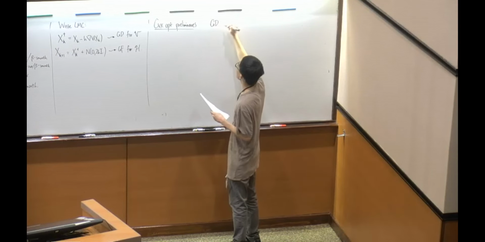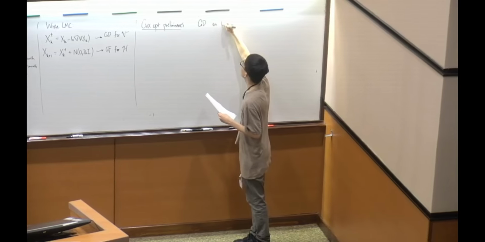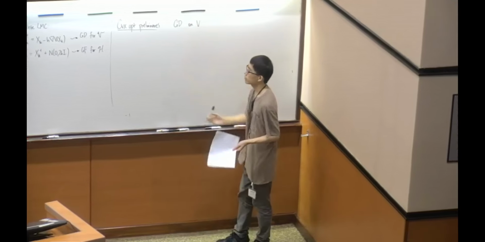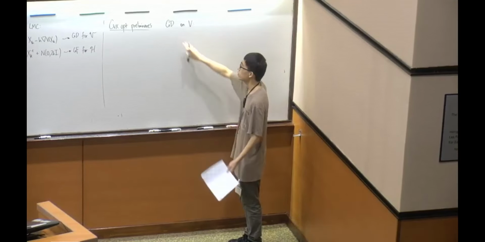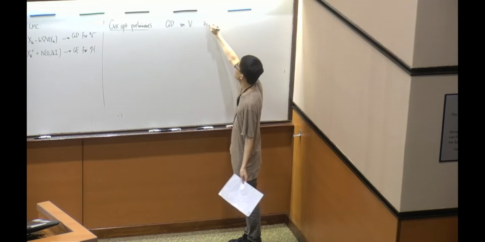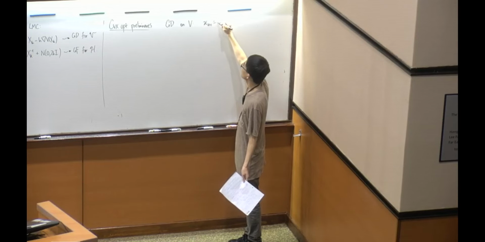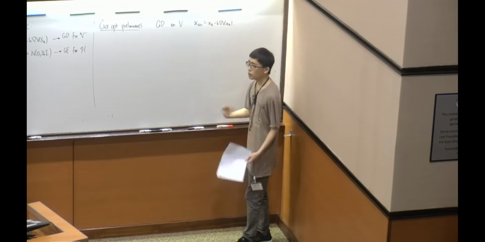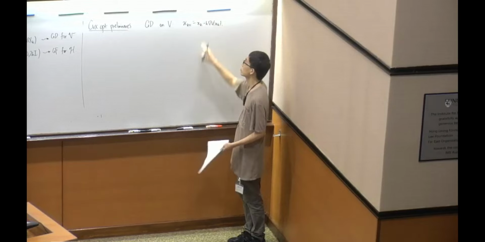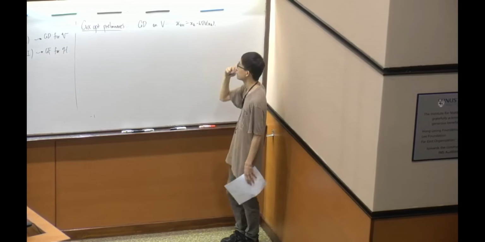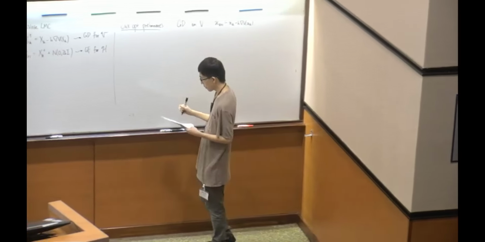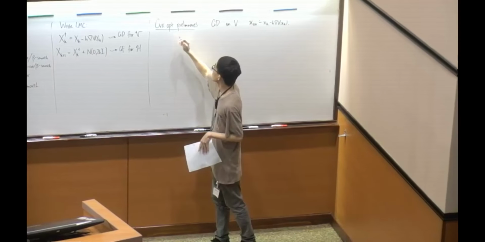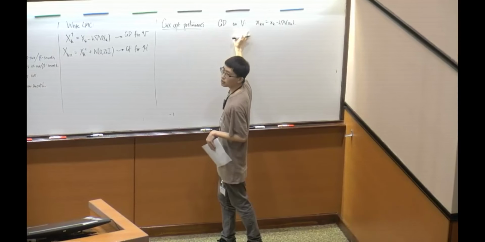So consider gradient descent on the function V, where V is strongly convex and smooth. So this is purely optimization now. And gradient descent just follows this iteration where I map each point by the gradient at that point. Okay, so how are we going to analyze gradient descent?